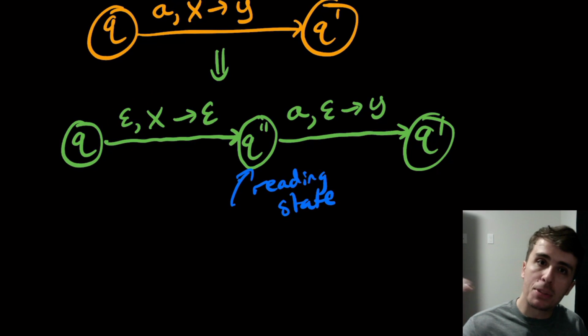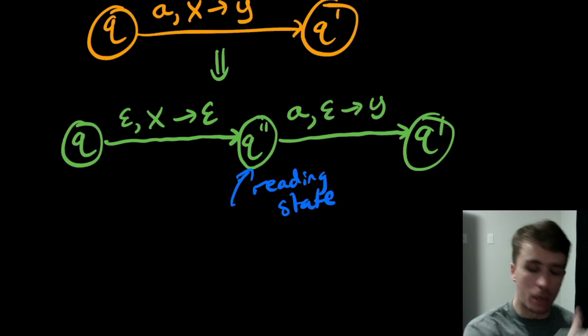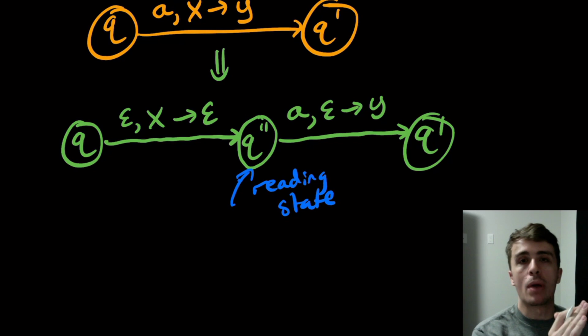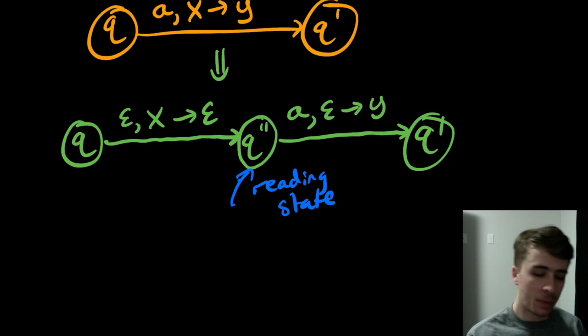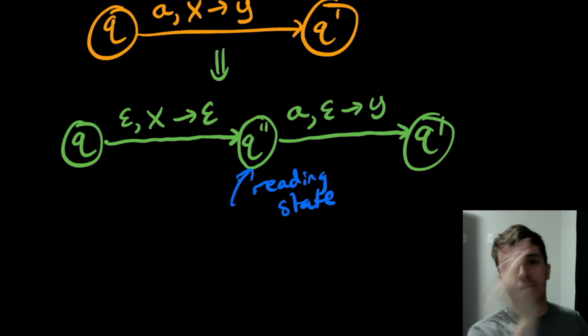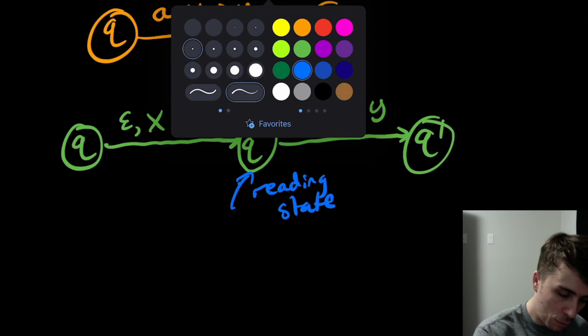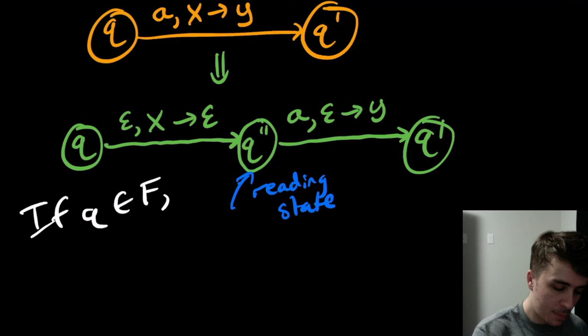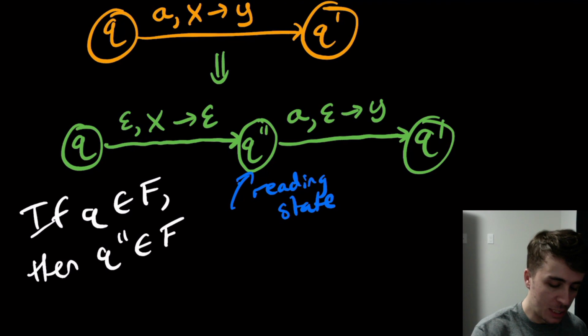So if you have an epsilon transition from one to the other, then if the first one is a final state, the second one must also be a final state, and vice versa. If the second one was final, then the first one had to be final. So what we'll say here is if Q is a final state, then Q double prime is a final state too.